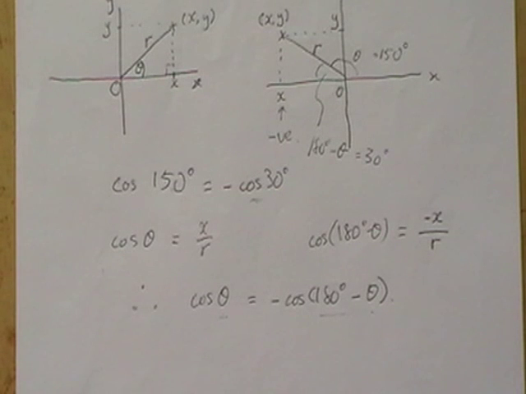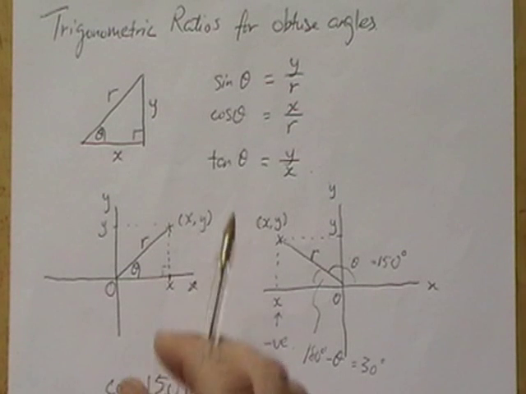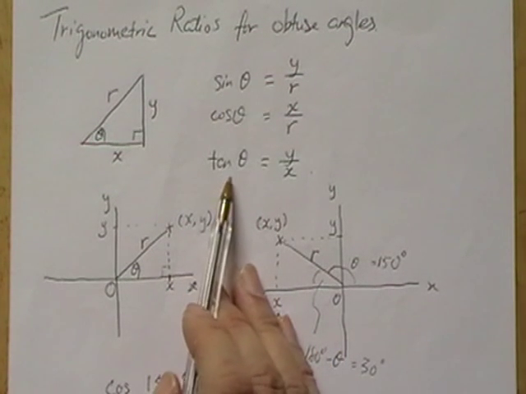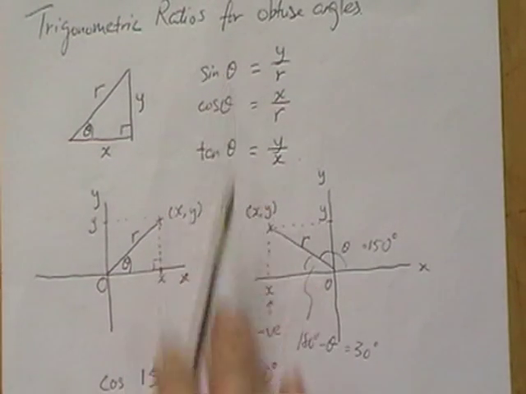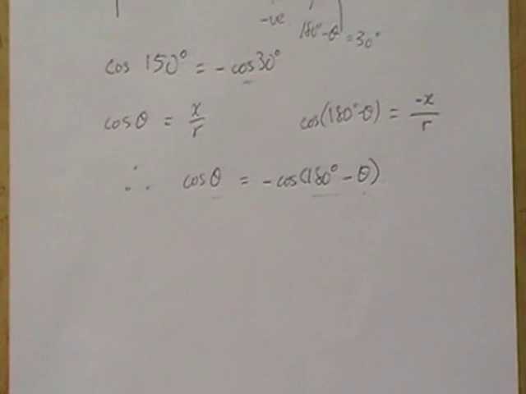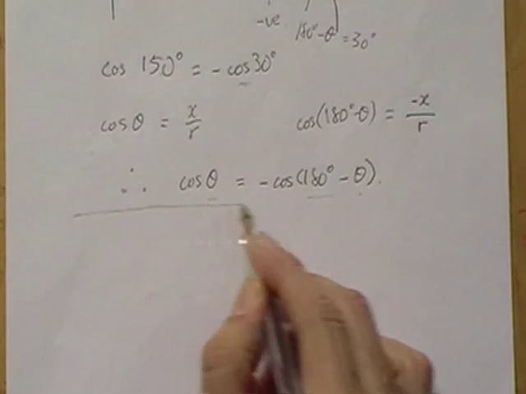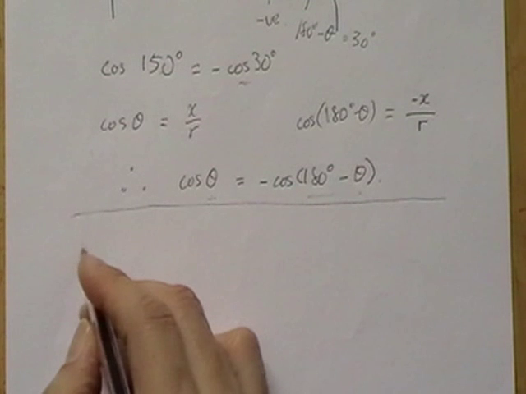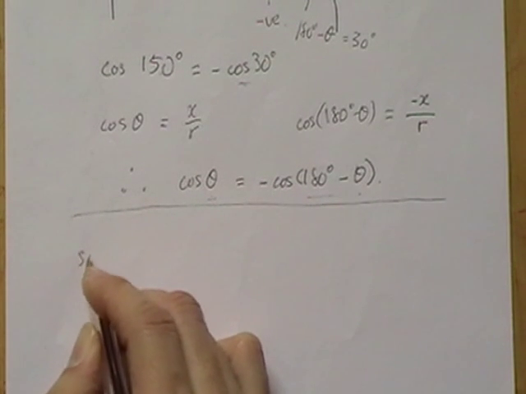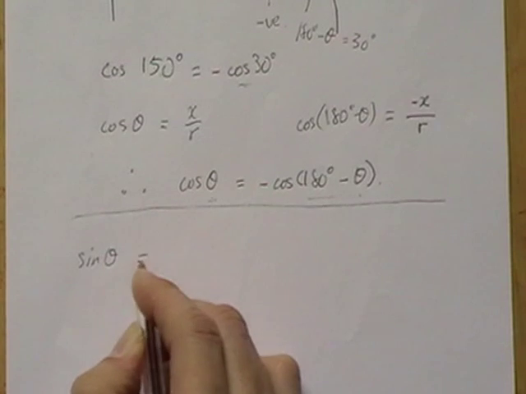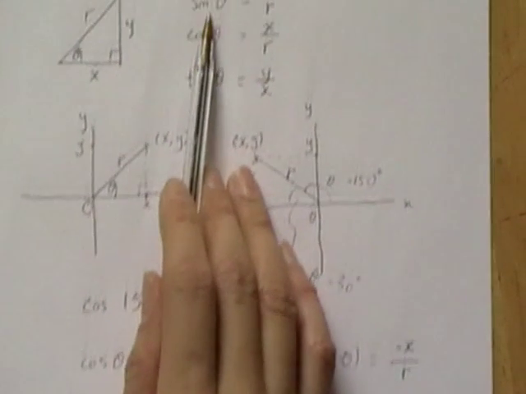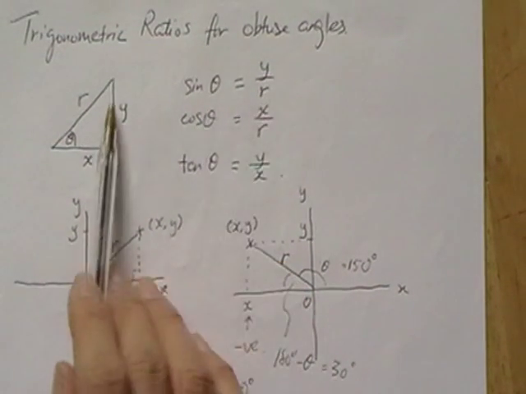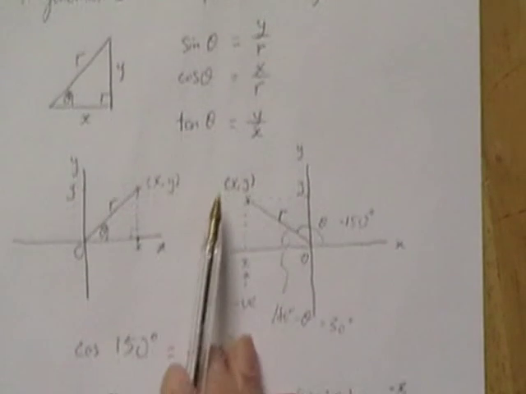Now, extending this idea to the other trigonometric ratios, sine and tangent, we can find corresponding formulae. So let's start with sine theta. According to this definition, sine theta is y over r. It's the opposite over hypotenuse.